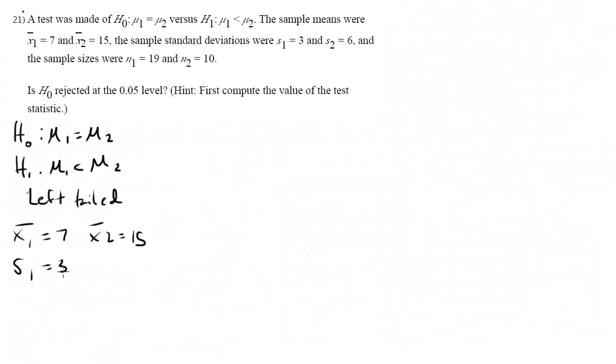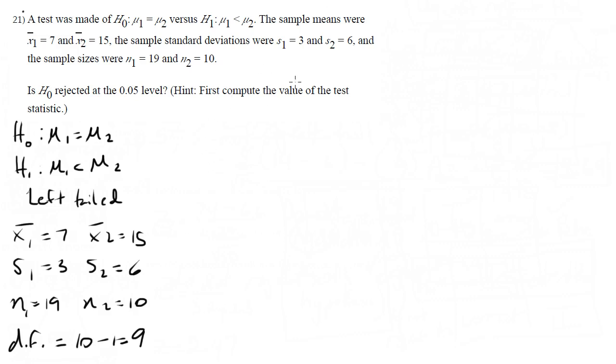Sample standard deviations again. We're looking at another t-test. Sample sizes. So our degrees of freedom will be the smaller, 10 minus 1, which is 9. You can do this in the calculator too. I showed it in a problem some problems ago, so you can utilize that same approach there.